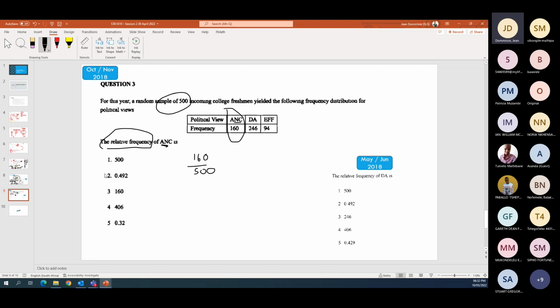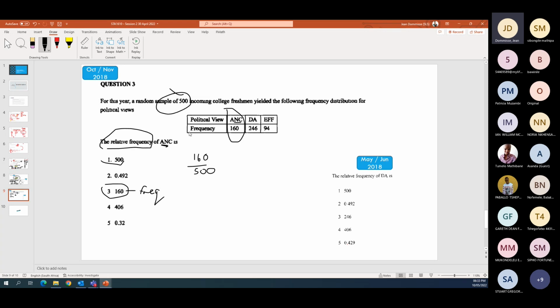Just to show how they nearly want to confuse you, they give you the total sample, they give you the 160. If they had asked you just frequency, your answer would have been 160.